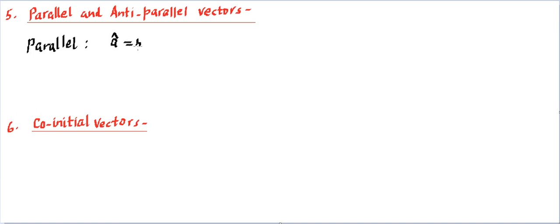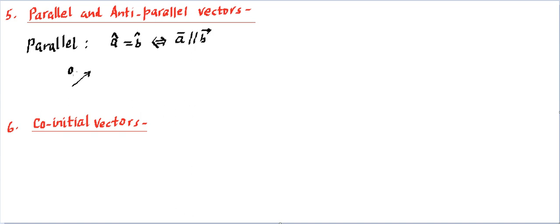They have the same direction, but magnitudes may not be the same. If this is the case, we write A vector is parallel to B vector, and this is true both ways. Making sense? So the direction of A must be equal to the direction of B. That's the only condition. Magnitudes may be different.